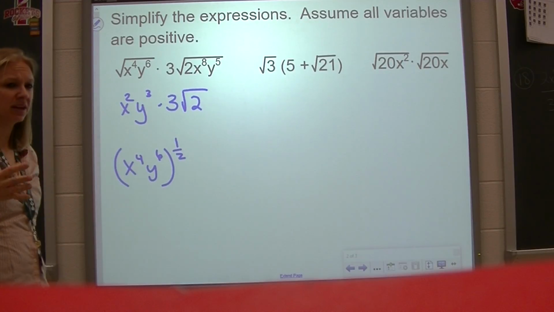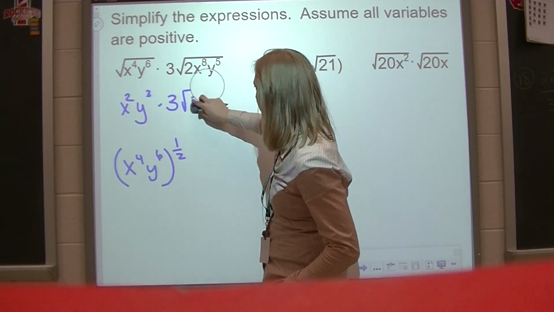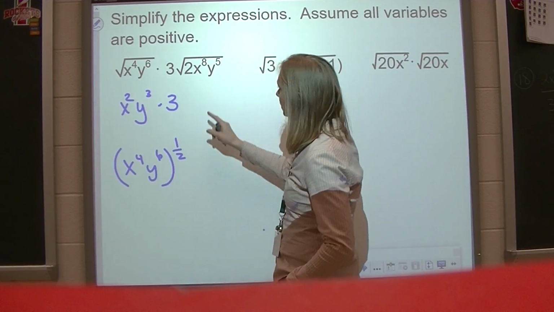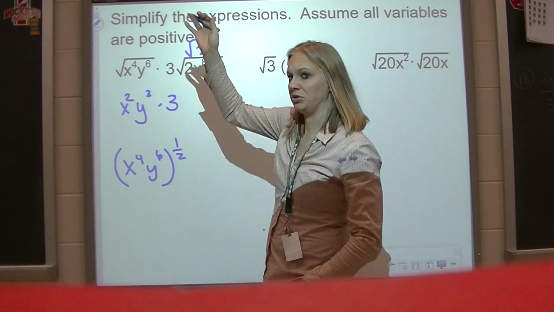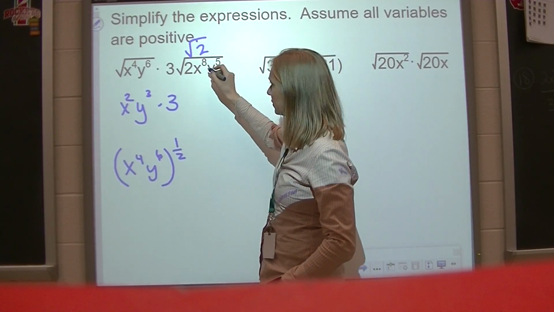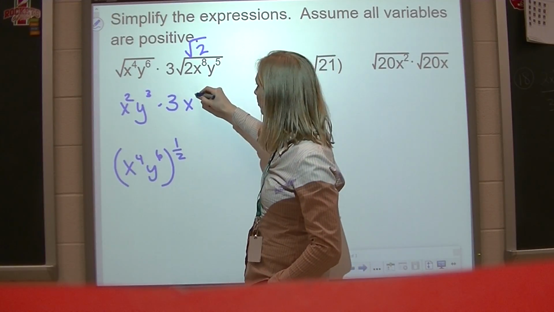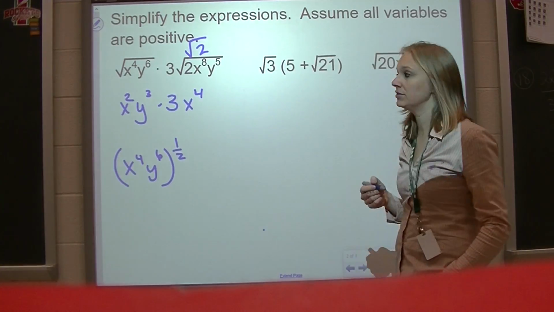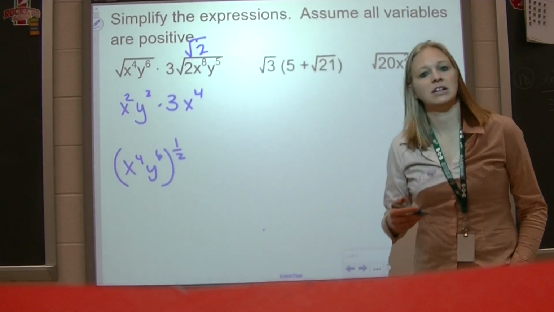And this is where it might get a little confusing. So I'm going to actually rewrite this differently. The square root of 2 can stay, because that can't be simplified, which we learned just the previous slide. Now the square root of x to the 8, we should know is x to the 4th. 8 times 1/2 is 4. Now, if we did 5 times 1/2, we'd get 5/2.